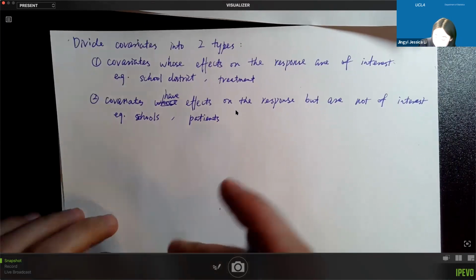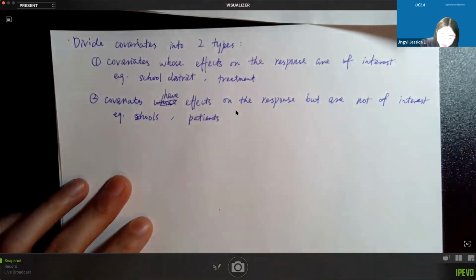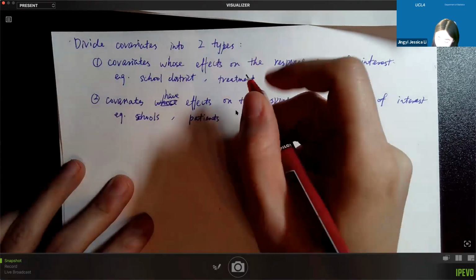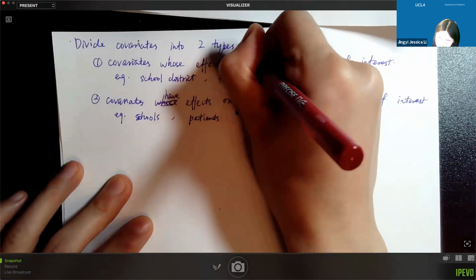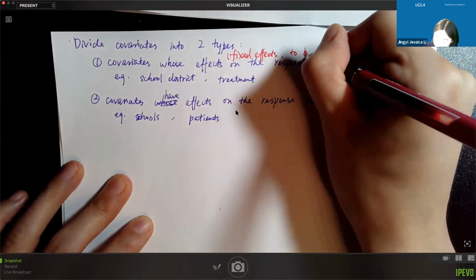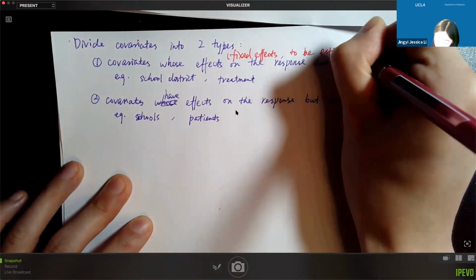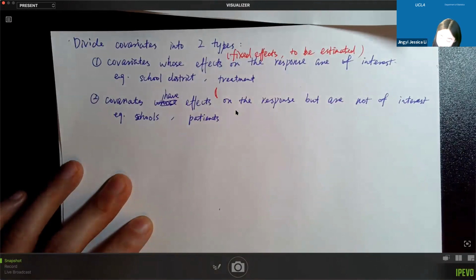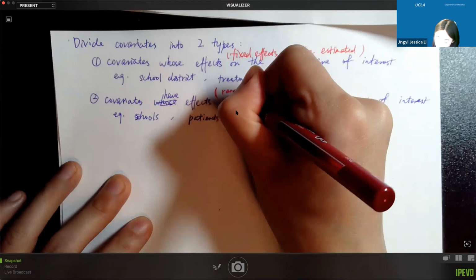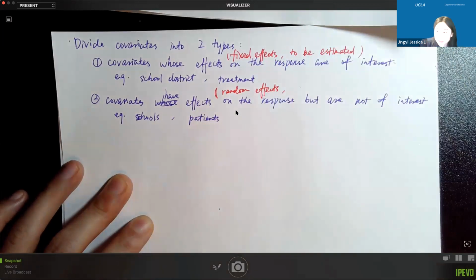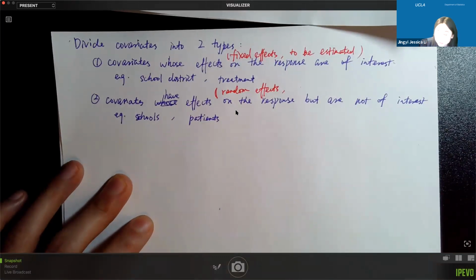So in those cases, after we decide our covariates belong to these two types, the first type of covariate effect will be called fixed effect, and we are going to estimate them. The second type of effects are there, and there are many, but they are not of our interest, so we assume them to be random effects. We are not going to estimate them individually, but their prior parameters are to be estimated.